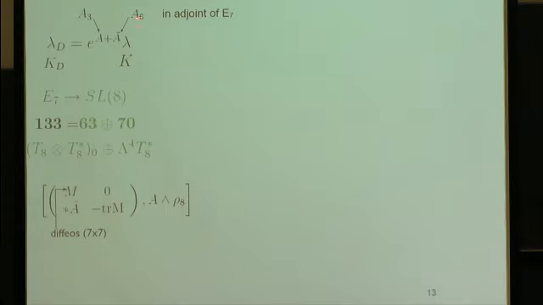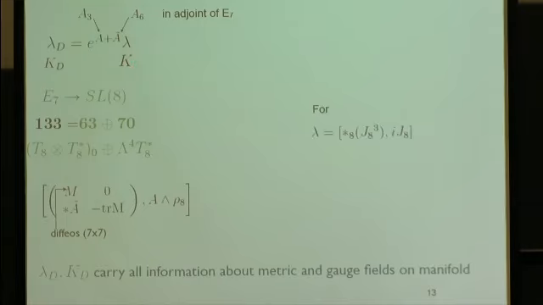So this A tilde is A6, this is the 7-dimensional dual of A6. So A6 embeds in here, while A3 embeds in here as this 4 form. So we can think of this as a 4 form along row 8. So A3 is like some 4 form along row 8. So again, this lambda and this K dressed carry all the information about the metric and the gauge fields on the manifold.